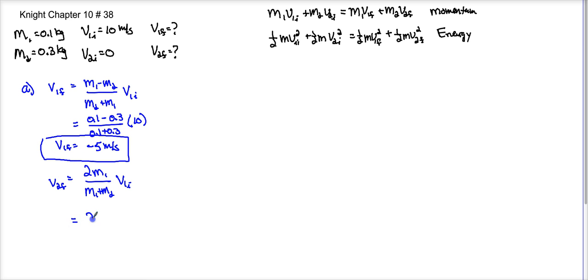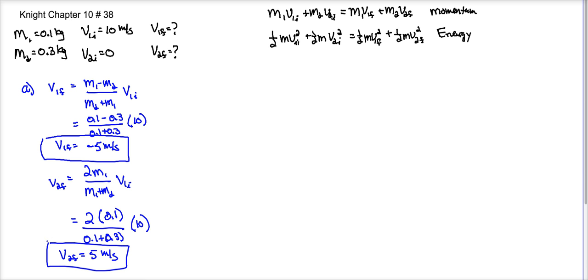Now plugging in what we have here, we have 2 times M1, which is 0.1, divided by 0.1 plus 0.3, and then times 10, and you find that V2F is equal to 5 meters per second.